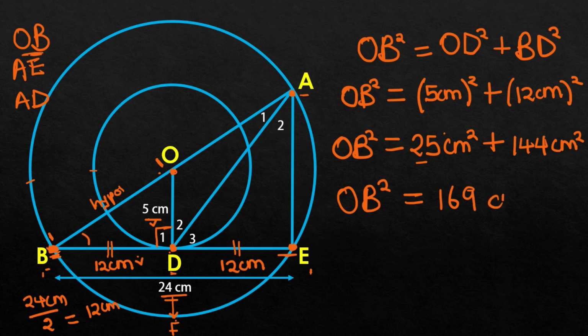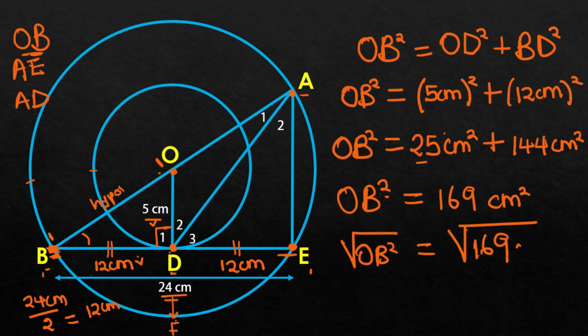169 centimeters squared. In order for us to get rid of this square, we're going to have to take the square root of both sides. So OB squared is equal to 169 centimeters squared, and the square root is going to get rid of this exponent of 2.